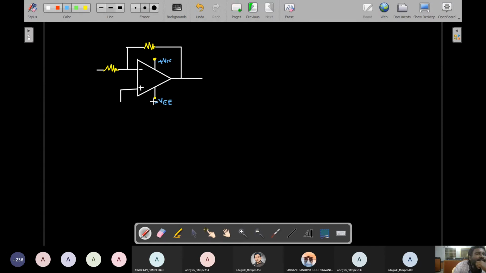This is the dual power supply, so the operational amplifier can operate between these two potentials. And the inverting terminal, I'm considering, is right now connected to an input source.